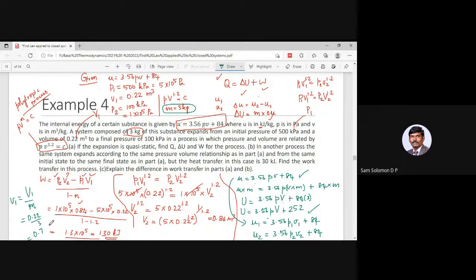Then you have 0.073 meter cube per kilogram. Okay, so small v2 is capital V2 divided by mass. So that guy is 0.84. 84 divided by 3. So 8 3s are 24. So 0.28 meter cube per kilogram.